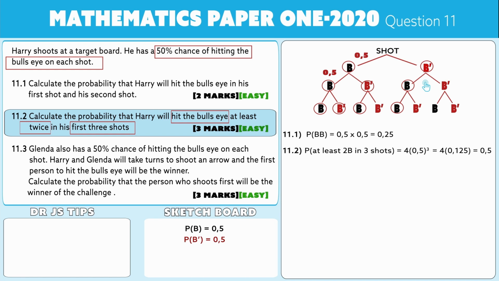Now, the alternative, because of the at least, would be to use the complement. So that would be 1 minus the probability where there's 2 or more non-hits. Okay, so we're looking for that situation where there's at least 2 or more non-hits.